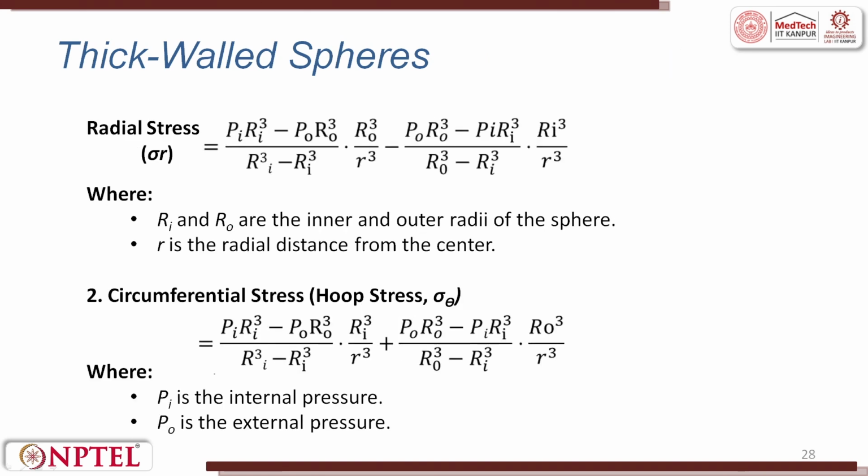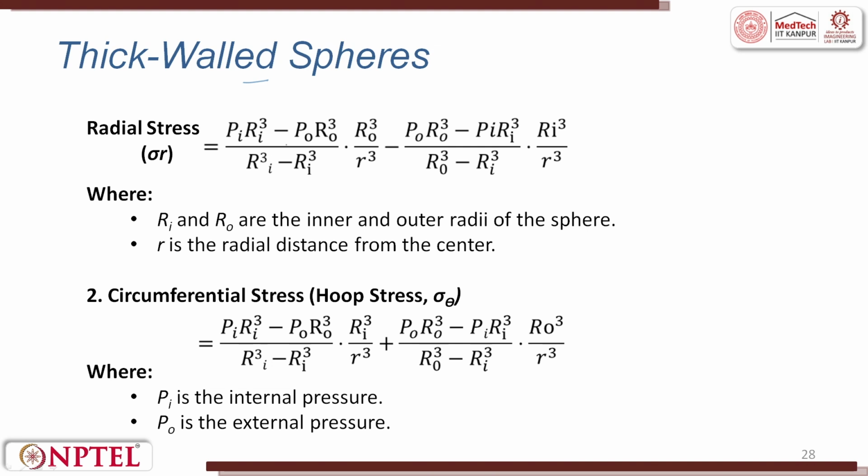So when we calculate the thick wall sphere radial stress, it is the same calculation as we did last time, Pi ri cube minus Po ro cube, because there it was a square and here it is a cube. For a cylinder it is a square, for a sphere it is a cube. Here ri and ro are the internal and outer radius of the sphere, and r is the radial distance from the center.